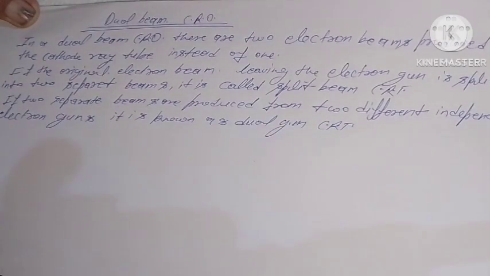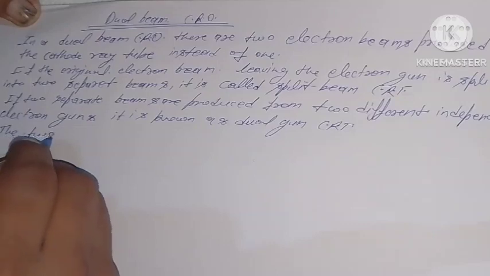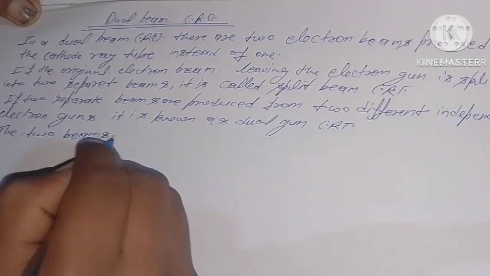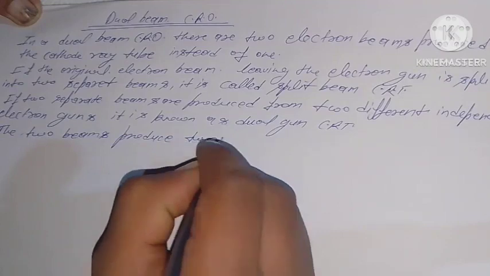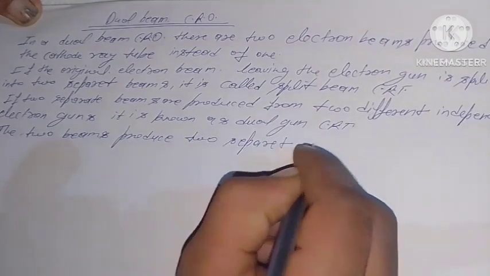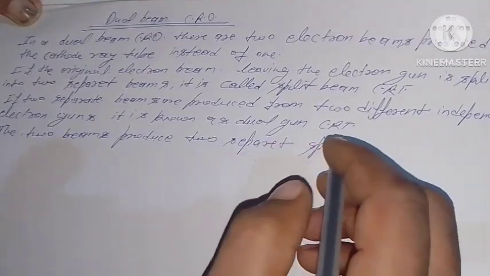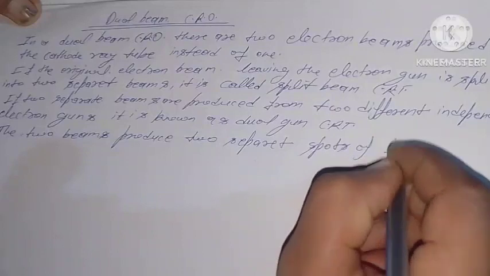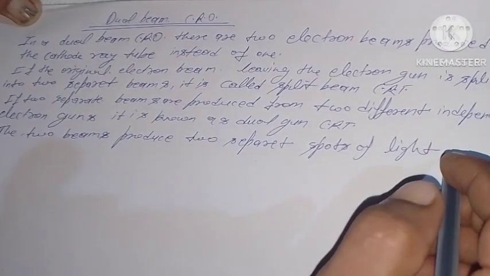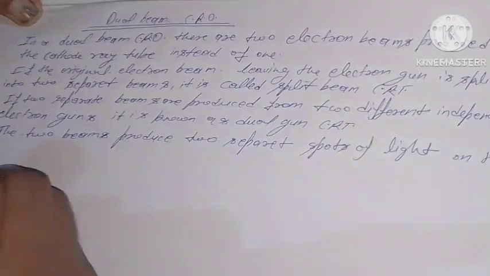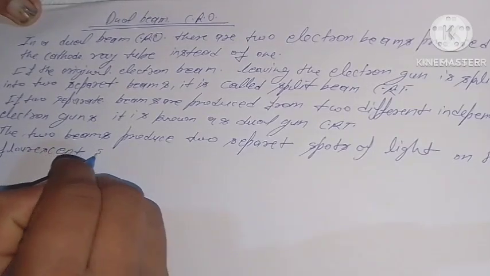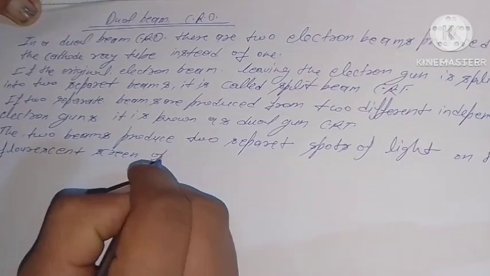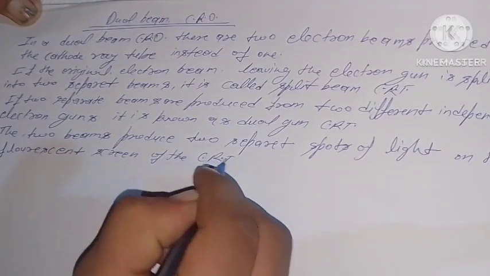The two beams produce two separate spots of light on the fluorescent screen of the CRT.